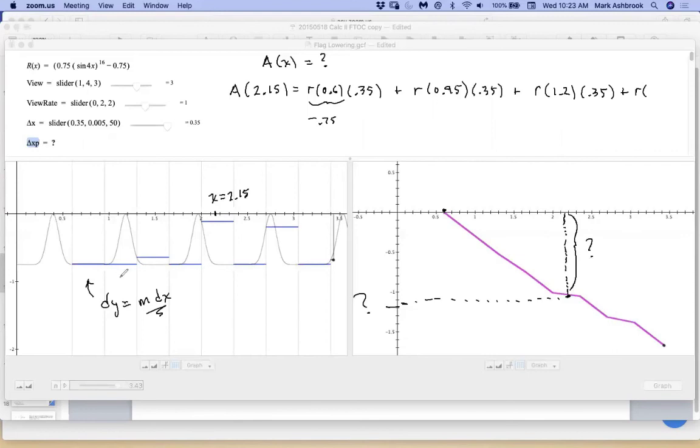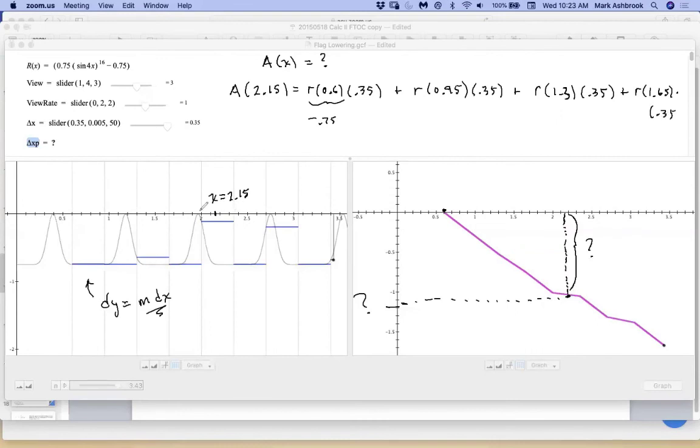Did I miss one? 0.6, 0.95. It should be 1.3. 1.3, and then 1.65. Is that right? Yes. Thank you.